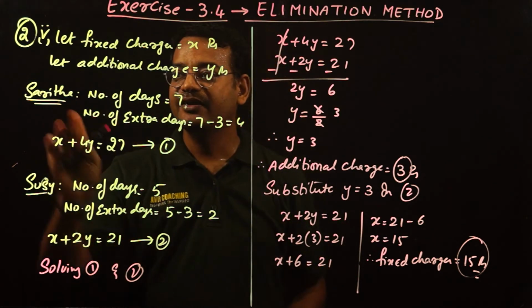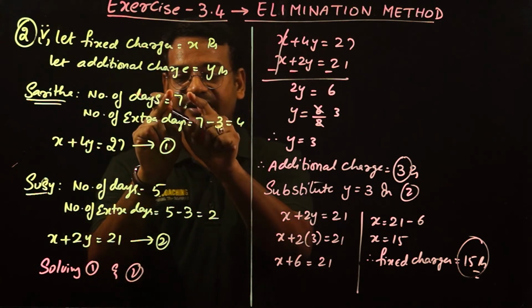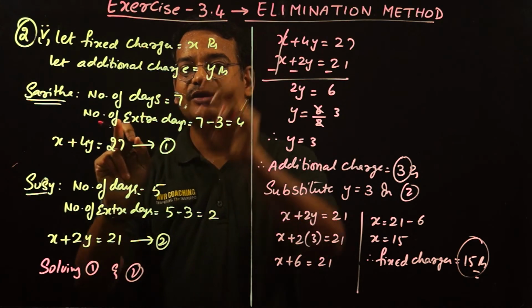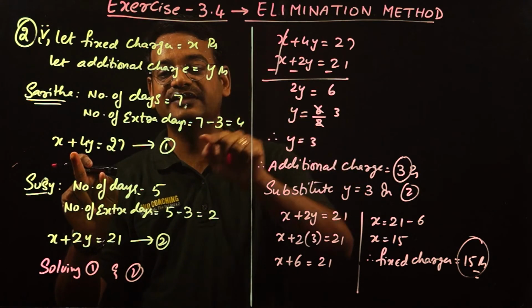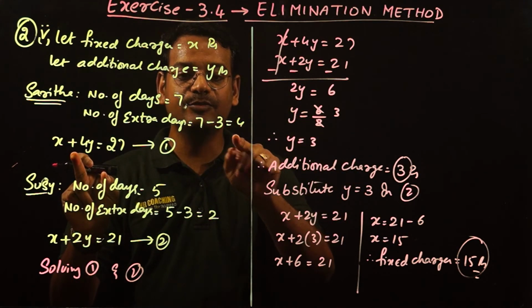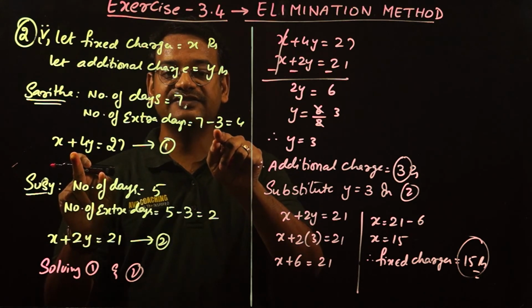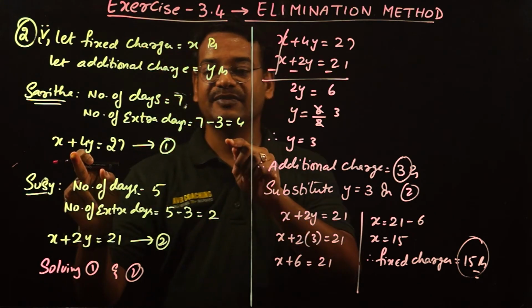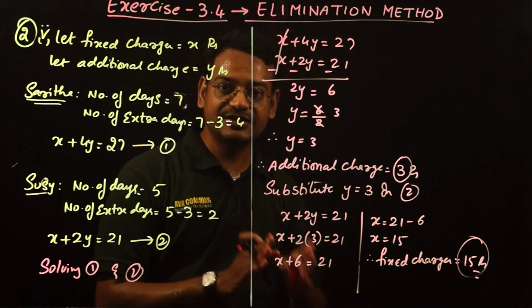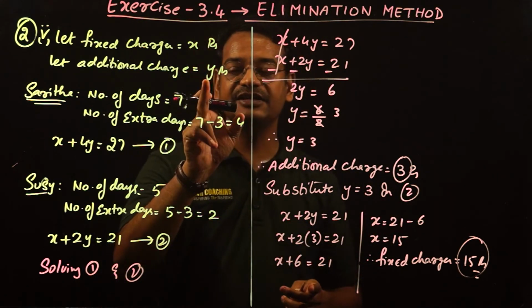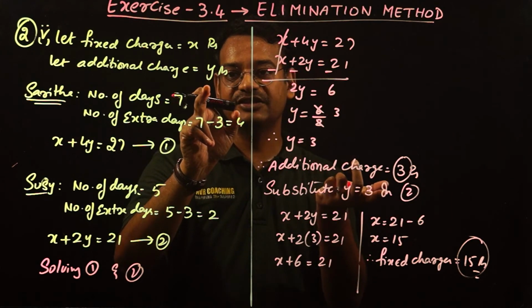In the same way, Sarita kept the book for a total of 7 days. So the fixed charges are x, plus how many extra days is she keeping the book? The fixed days are 3; for those 3 days they will be charging x rupees. For every extra day they will be charging the number of days into the additional charge.